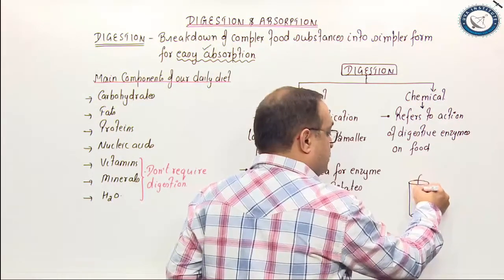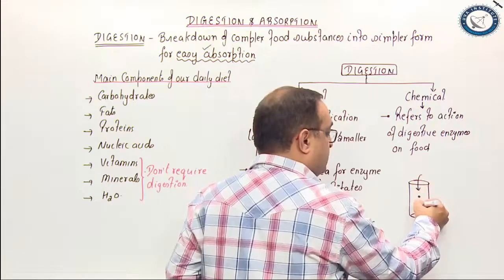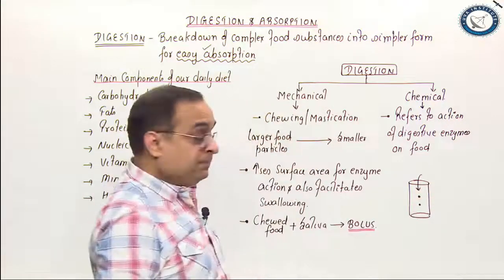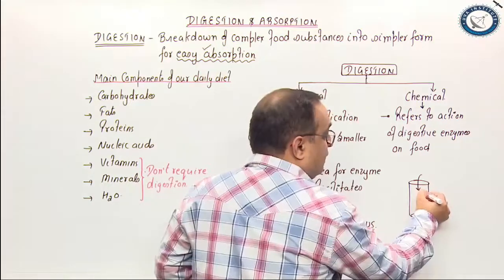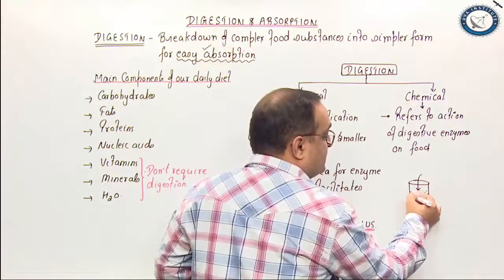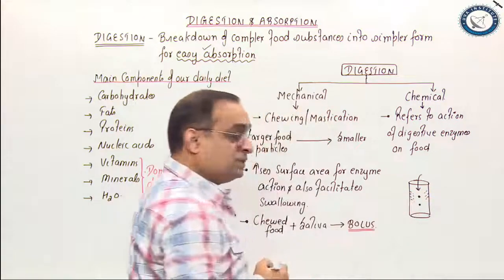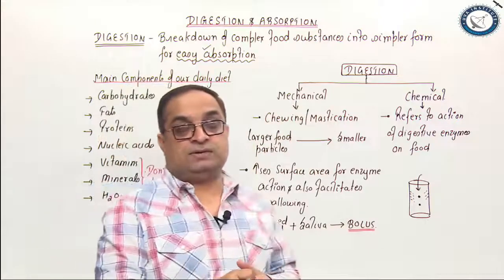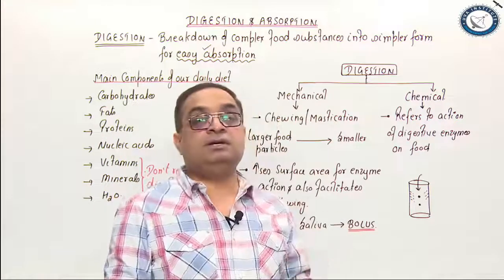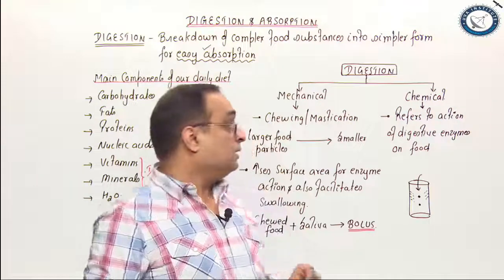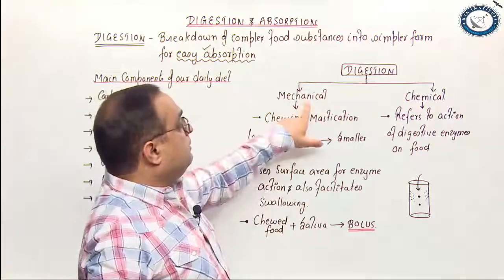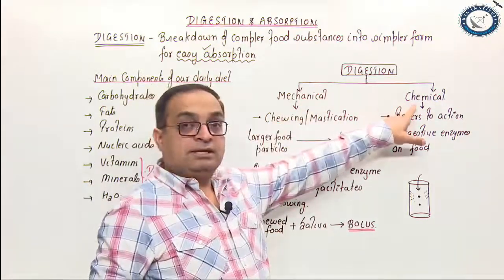The animal consumes the food, it goes into the alimentary canal, the lining of the alimentary canal or the associated glands secrete digestive enzymes and the food gets digested. So that is extracellular digestion. Clear? Next, digestion can be mechanical, it can be chemical.